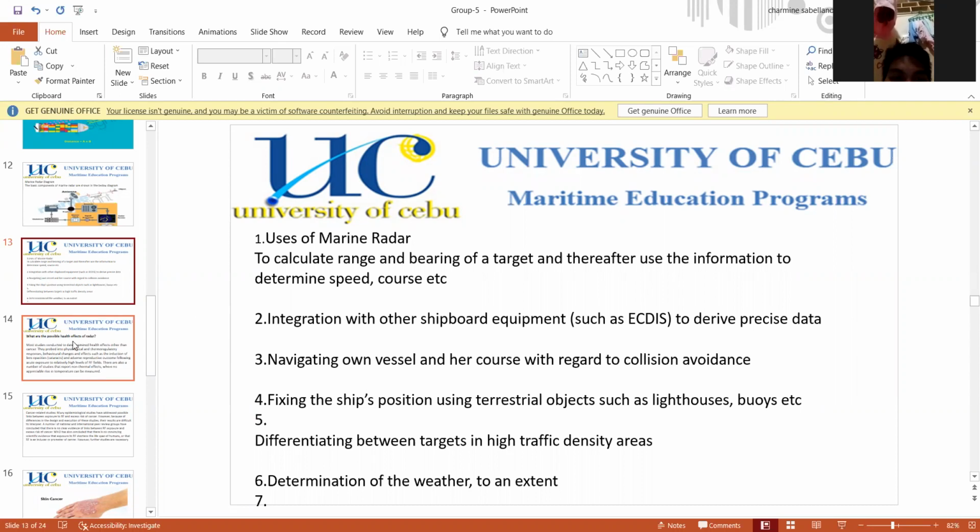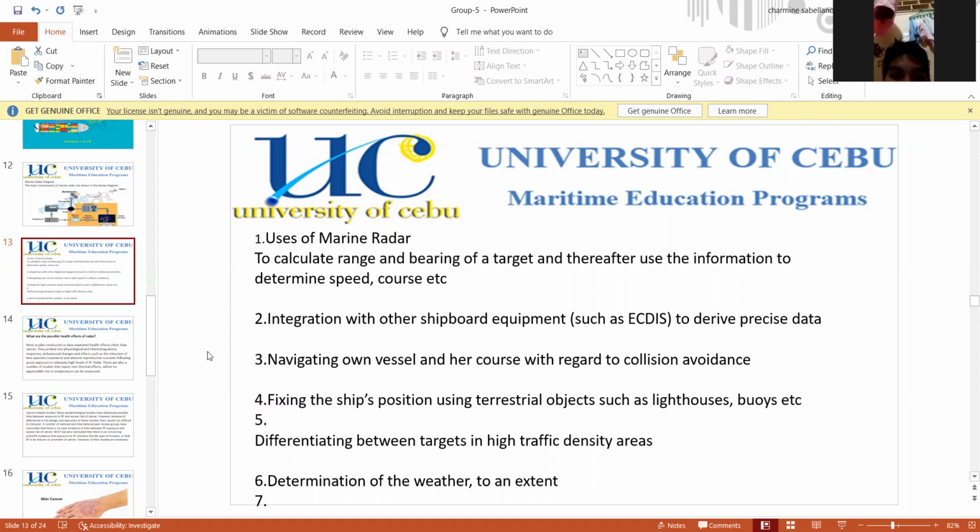Number two is integration with other shipboard equipment such as ECDIS to derive precise data. So in radar, we can see the objects that are around us depending on the range. And with the integration, you can also see in the ECDIS the other objects that are around your ship.